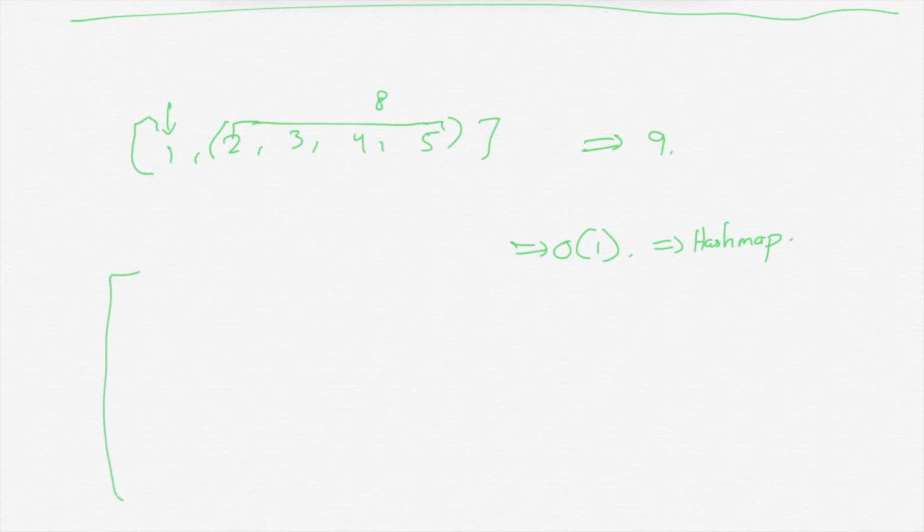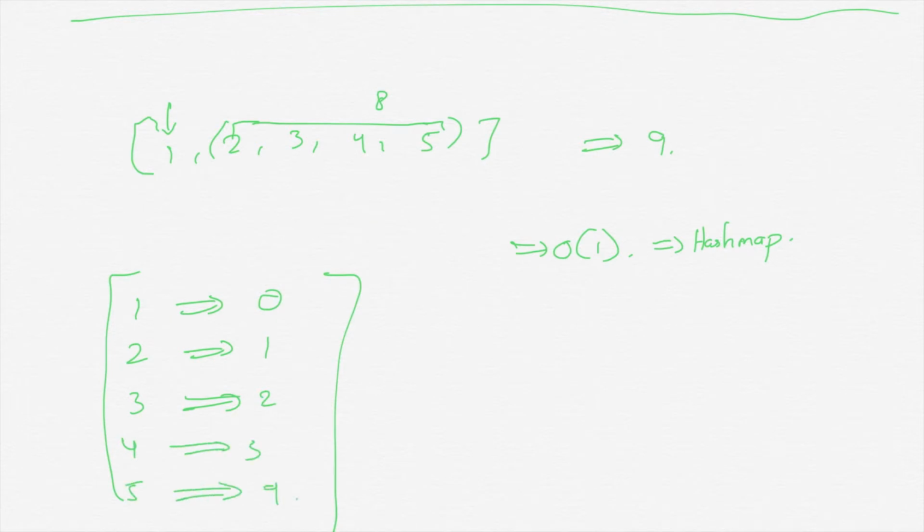So our hash map will be something like this: 1, 0, 2, 1, 3, 2, 4, 3, 5, 4. So these are the indices and these are the values.